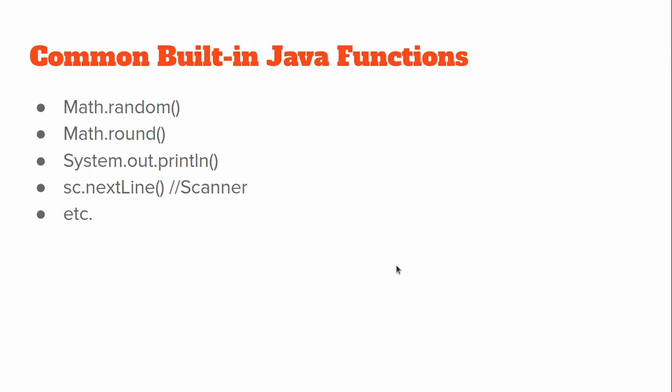Another class library is the system class, which allows us to output to a screen. And another one is the scanner class, which allows us to grab input from our user. And there are many other library classes which contain several functions which we can use.